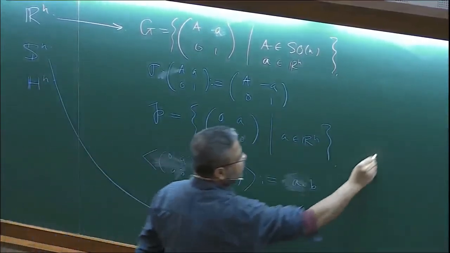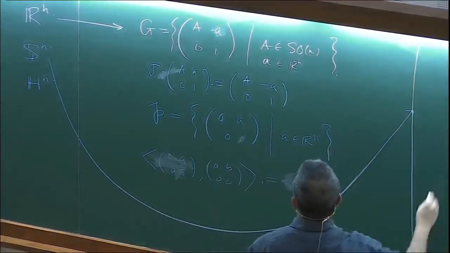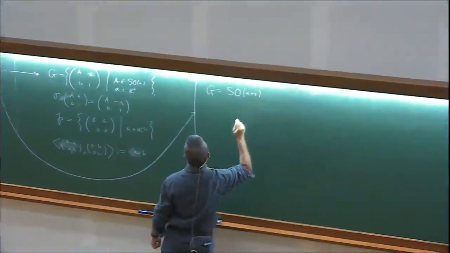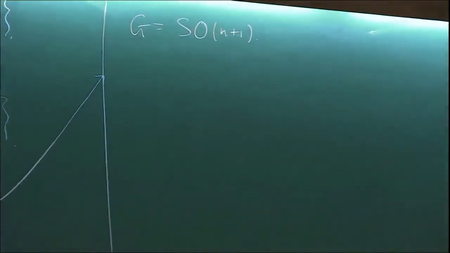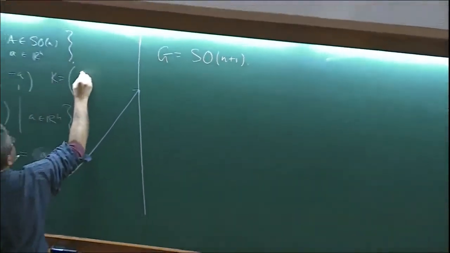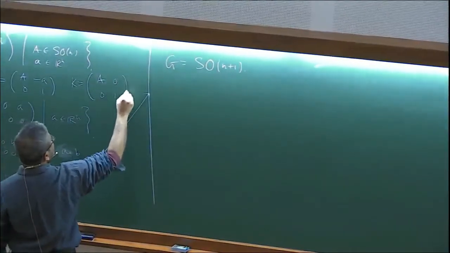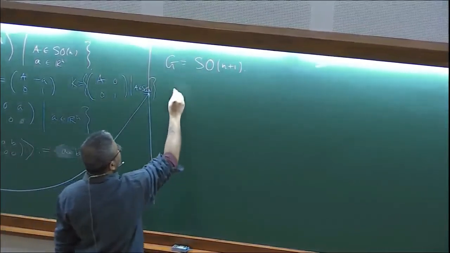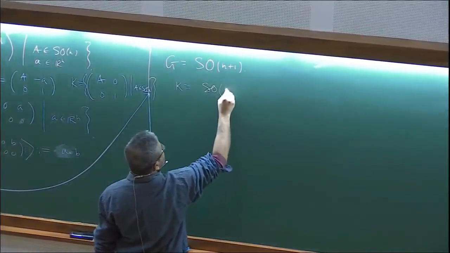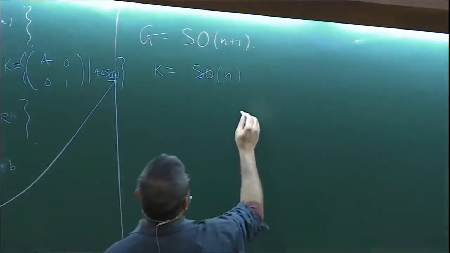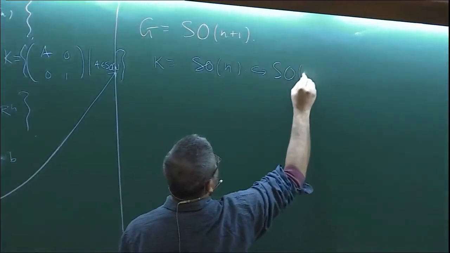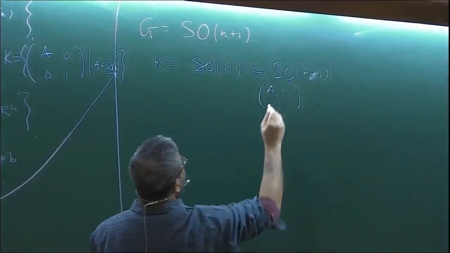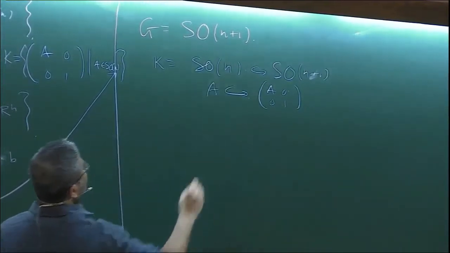For Sn, I have to take G to be SOn+1, and here you can see that K is the matrices (A, 0; 0, 1), A in SOn. So K is SOn, and SOn is sitting inside SOn+1 as (A, 0; 0, 1).